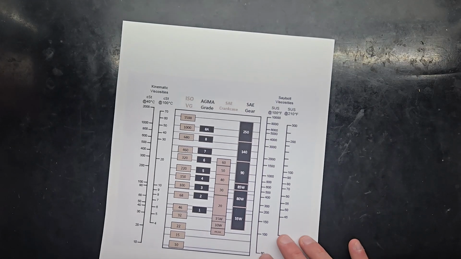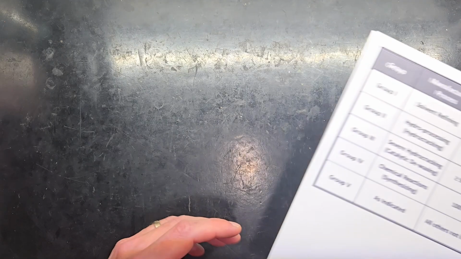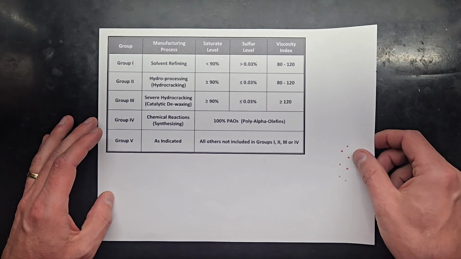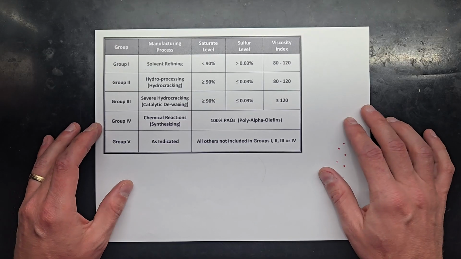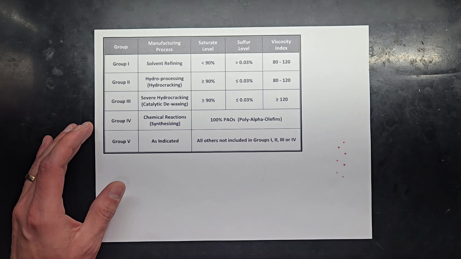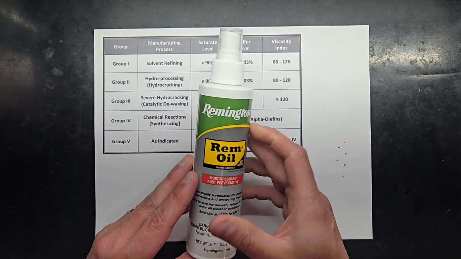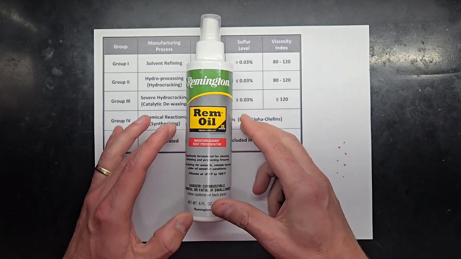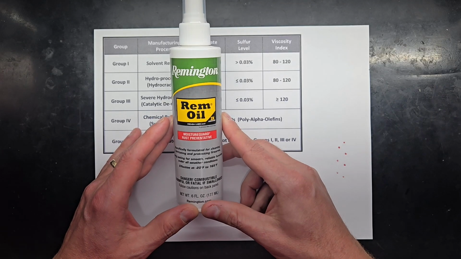All right, one of the last things that we're going to discuss, we're going to go back to our API oil groups. On more than one occasion, when I've been talking with my firearm friends, this oil seems to come up a lot.